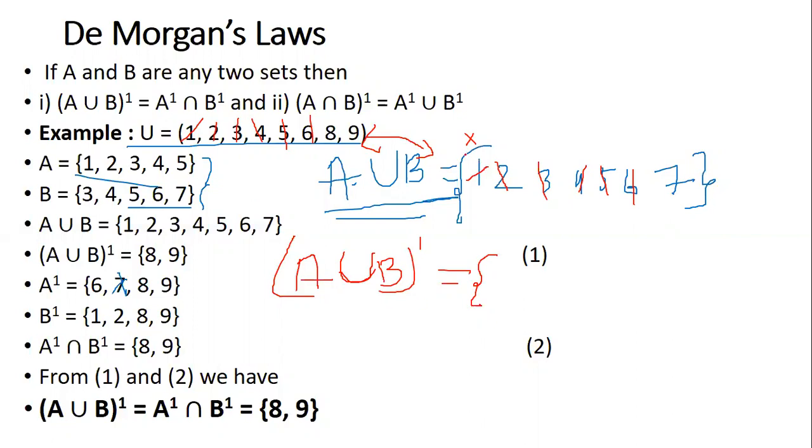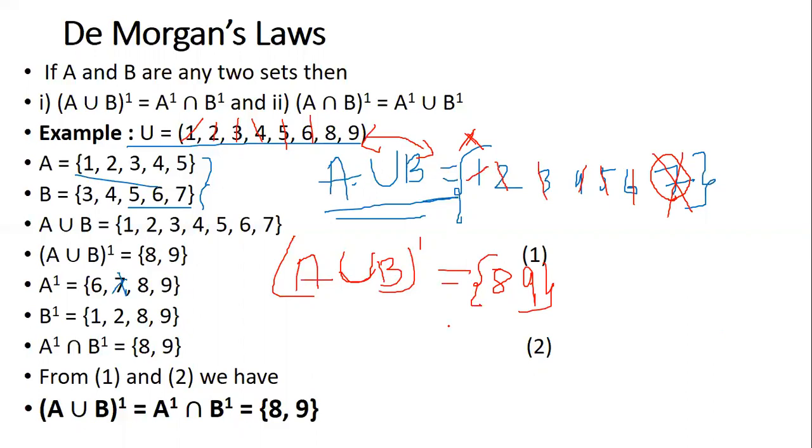What I told you is what is not present in A union B, I should take that here, but 7 is present in A union B, right? So that is why this is not considered. And what is left out? 8 and 9. These are the two elements which are left out.